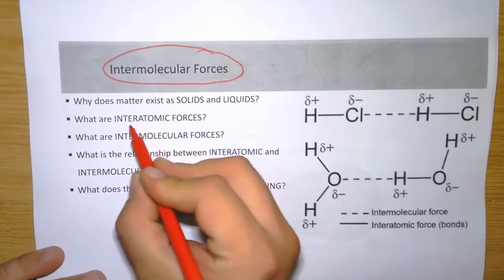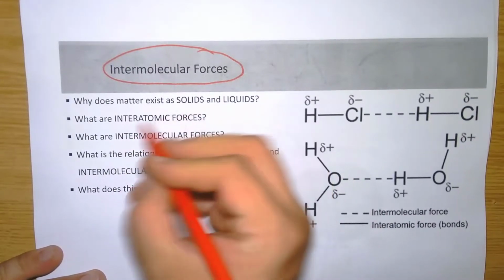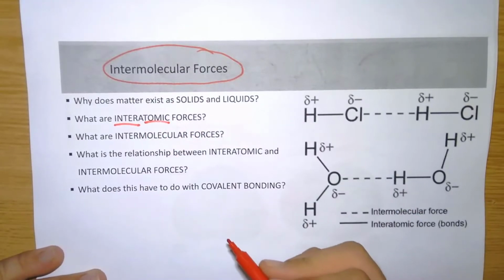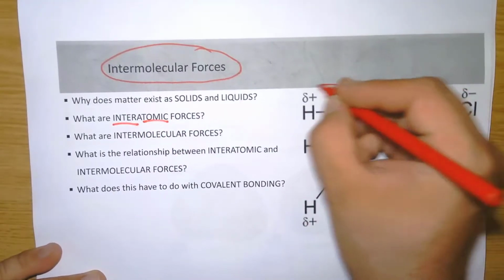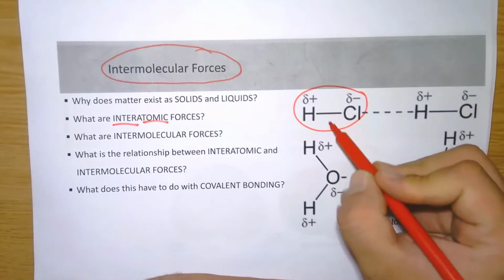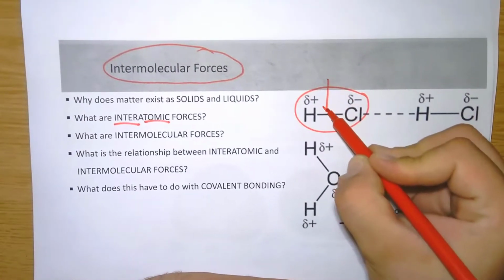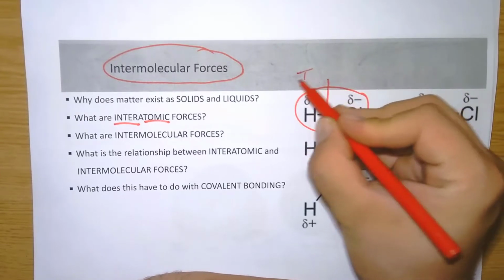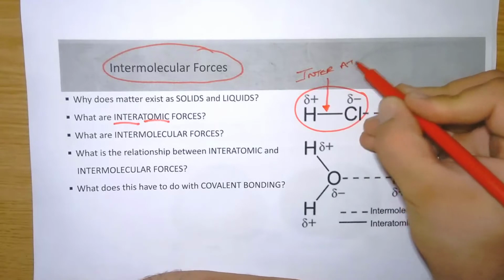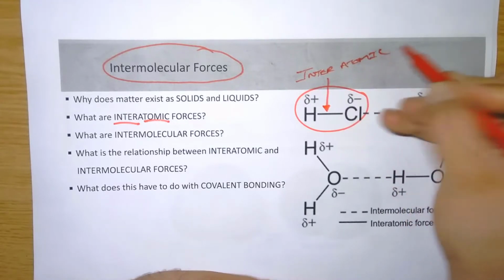Now what are interatomic forces? Inter meaning between, atomic meaning atoms, and when we look at the little molecule, we can see that that force there would be an interatomic force.